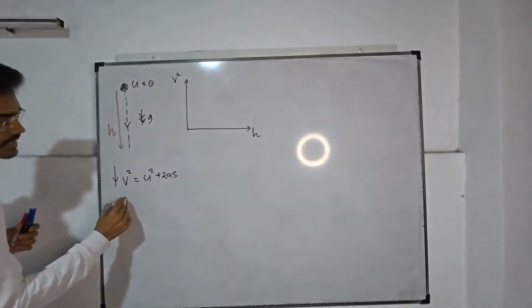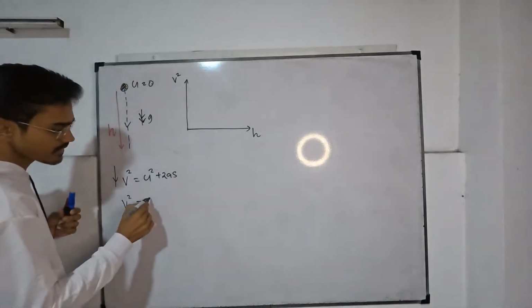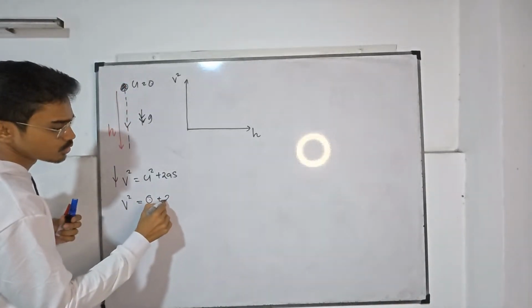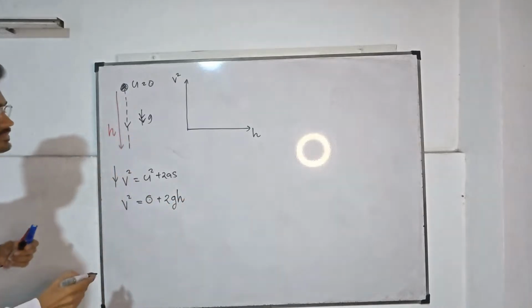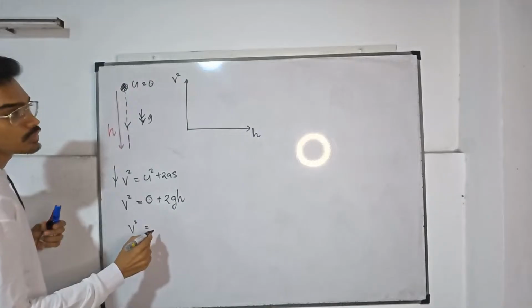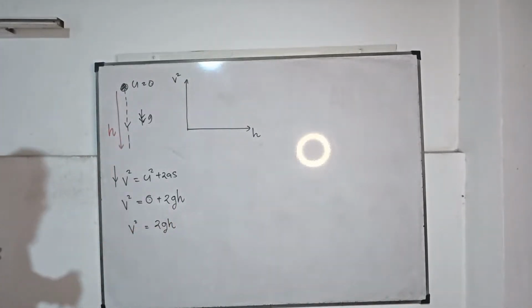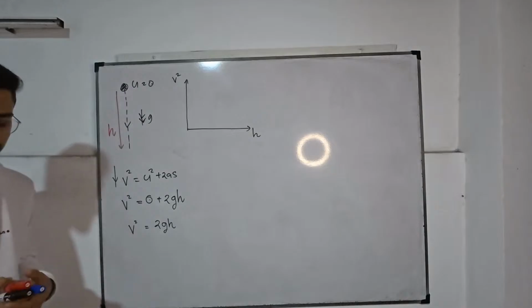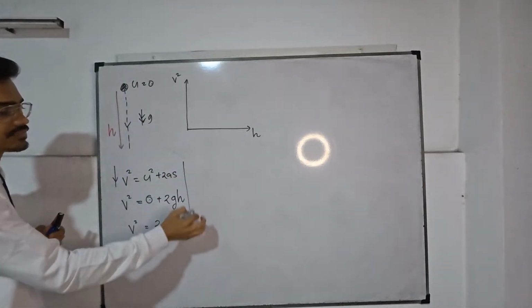Now v squared is v squared. U is 0, so u squared is 0, plus 2, a is g, fallen height is h. So the equation is v squared equals 2gh. Okay, now we can move on to the first graph.